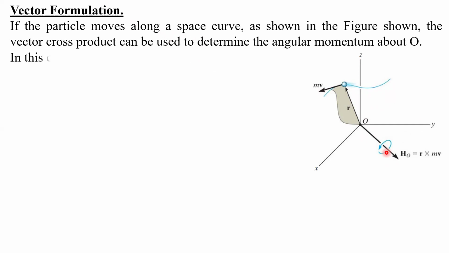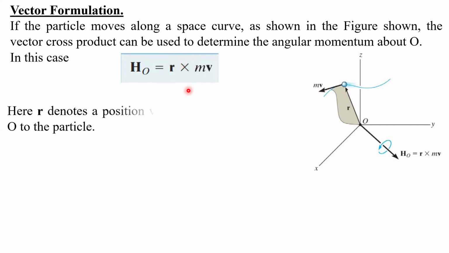So in this case, angular momentum is equal to r cross mv. Cross is the cross product. Here, r denotes a position vector drawn from point O to the particle.